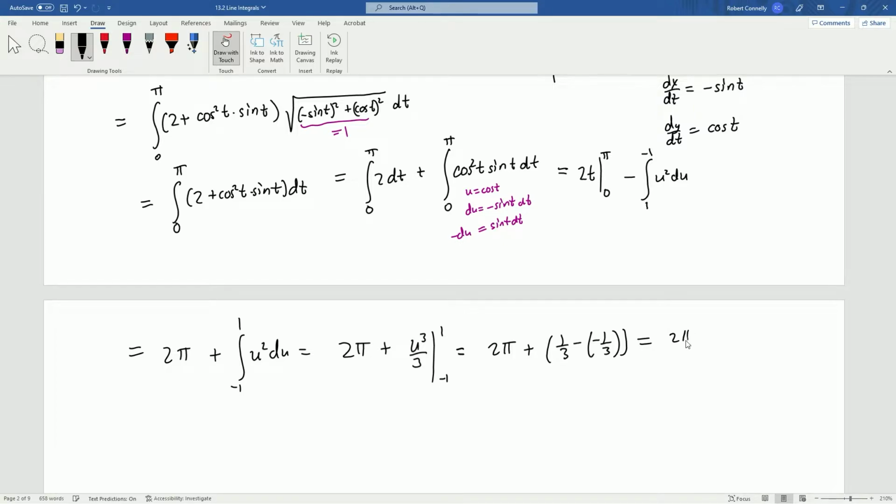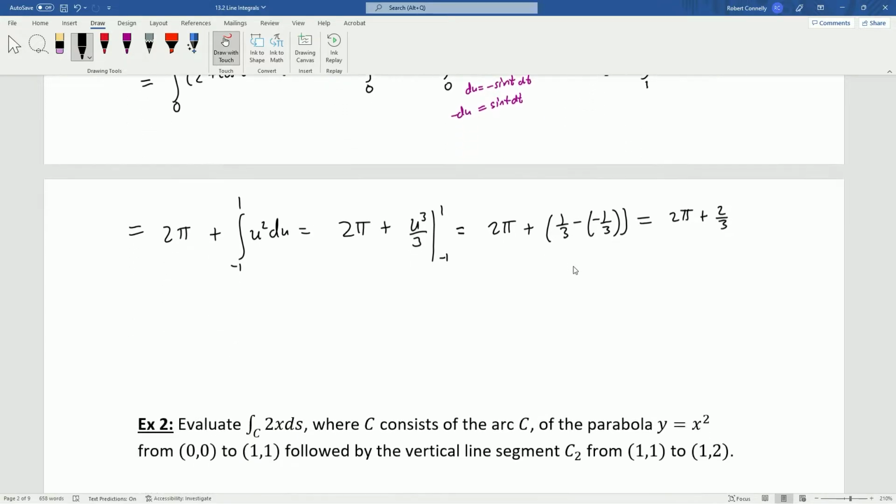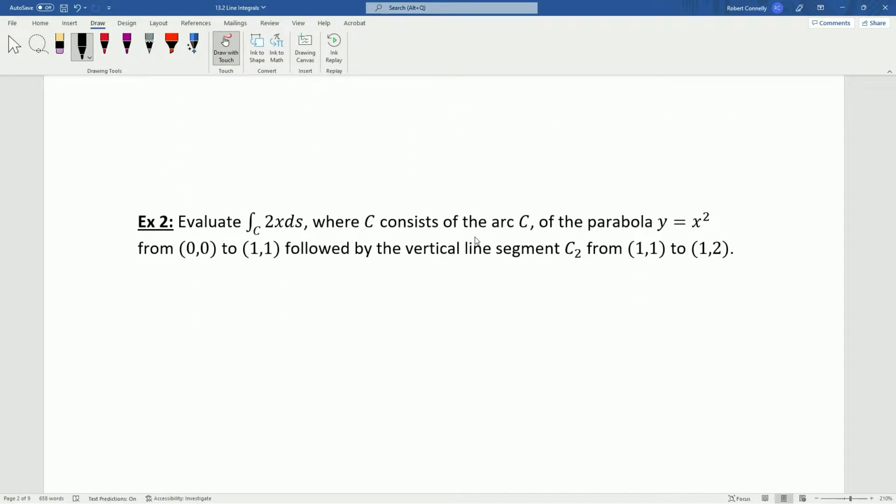All right, this ends up giving us 2 pi plus 2/3. All right, that's it for that one. So let's move on to example number 2 here.